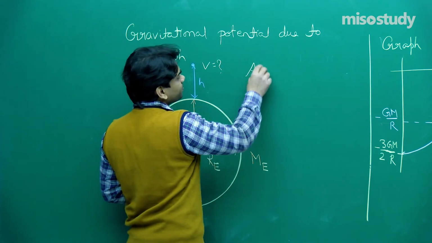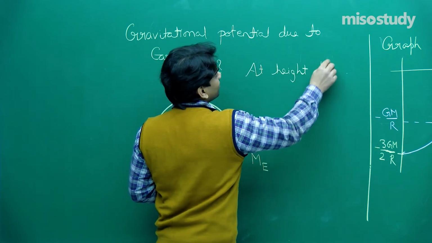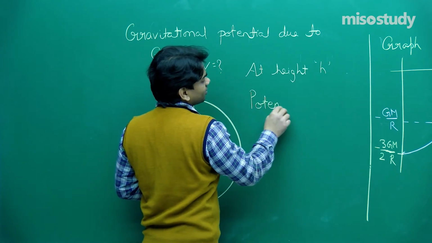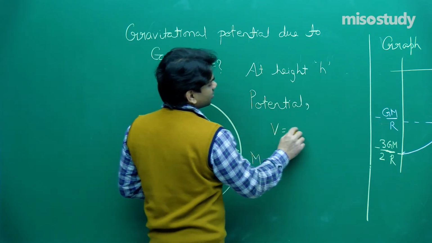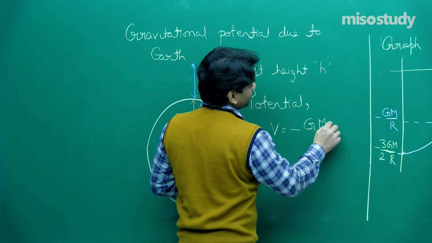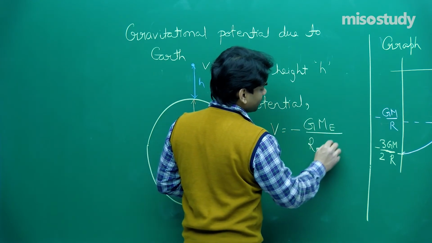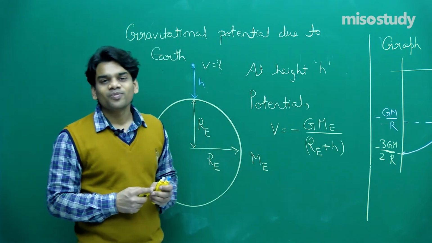So, at height h, the value of potential due to the earth will be V equal to minus GMe upon Re plus h. This is what we get as the value of potential at height h.